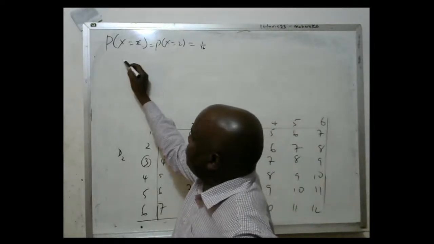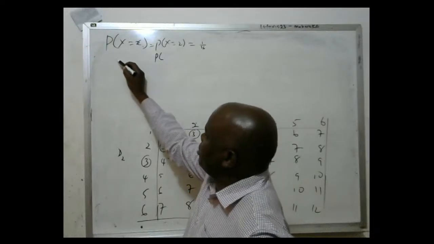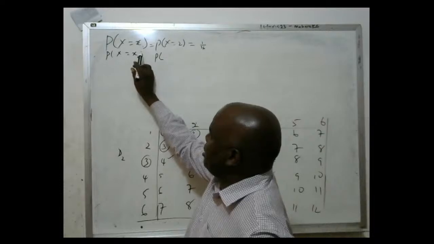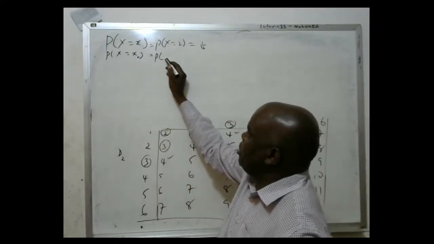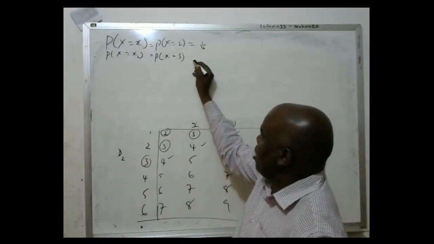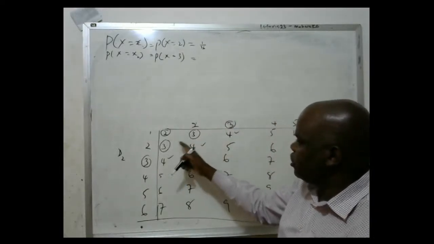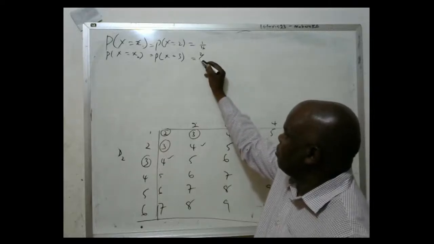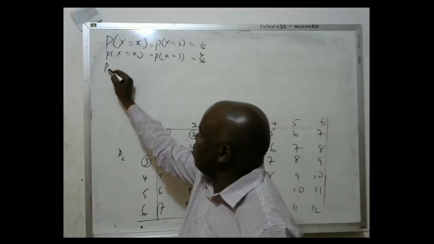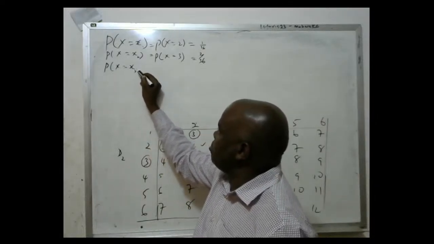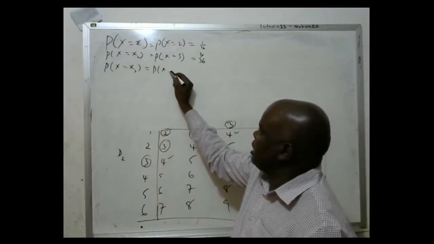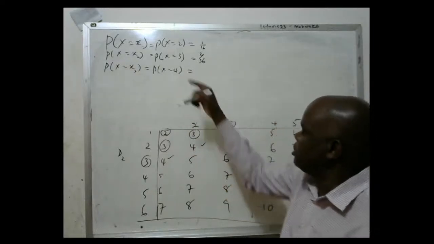If we were to write them all like this, the second observation is equal to the possibility of getting a sum which is a 3. So how many are they? There are 2 3s, so that's 2 out of 36. Then we continue. The third observation is a 4. So the probability of x equal to a 4, a sum which is 4.